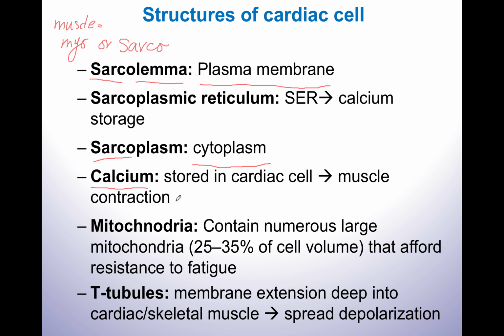One of the essential characteristics of a cardiac muscle is a significant number of mitochondria when compared to a normal cell. About 25 to 35% of the cell volume is going to be mitochondria. If you recall, mitochondria are for ATP synthesis. So this is extremely important for production of energy within the cell.